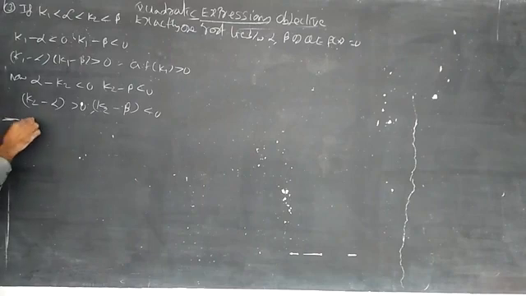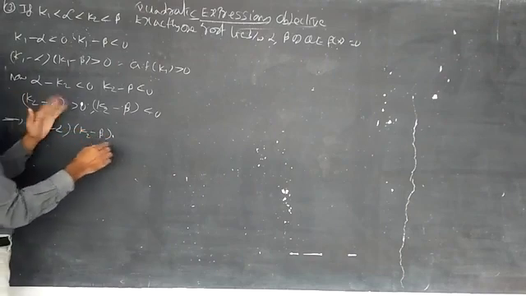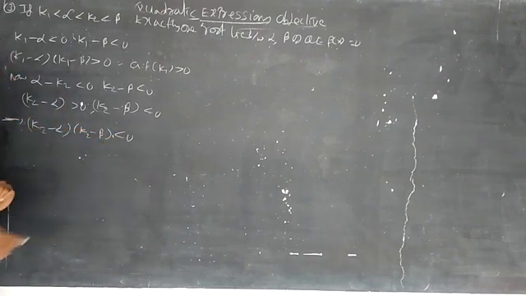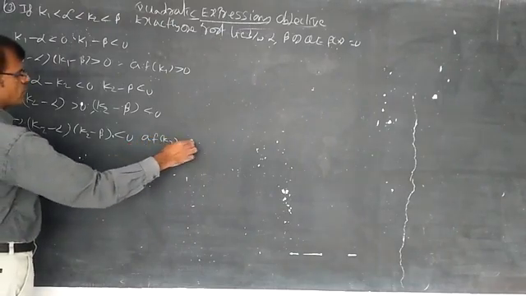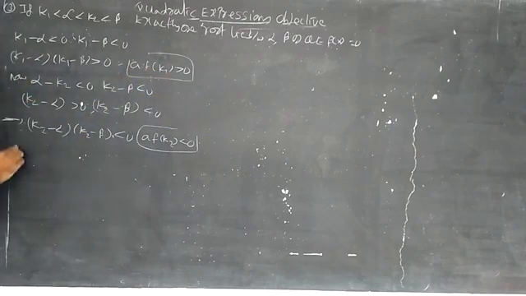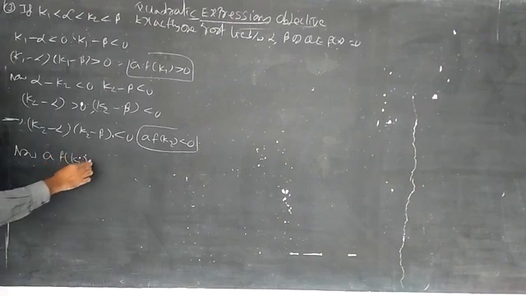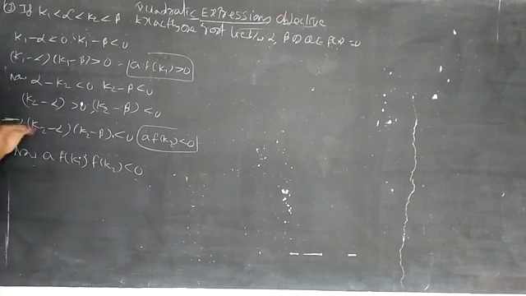So whenever you multiply both, K2 minus alpha into K2 minus beta, plus into minus becomes minus. So you can write here A into f of K2 less than 0. Whenever you multiply both, now you can write this one as f of K1 into f of K2 less than 0.